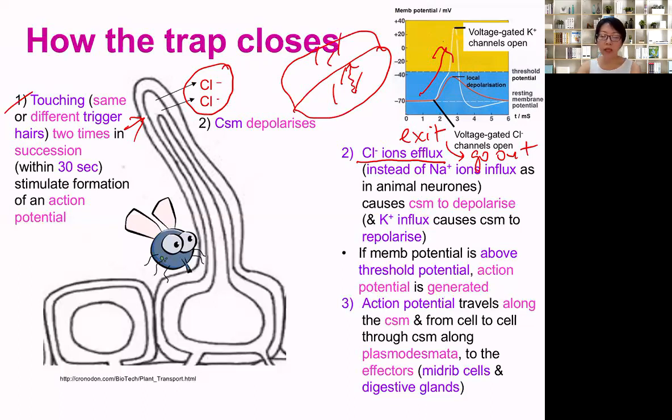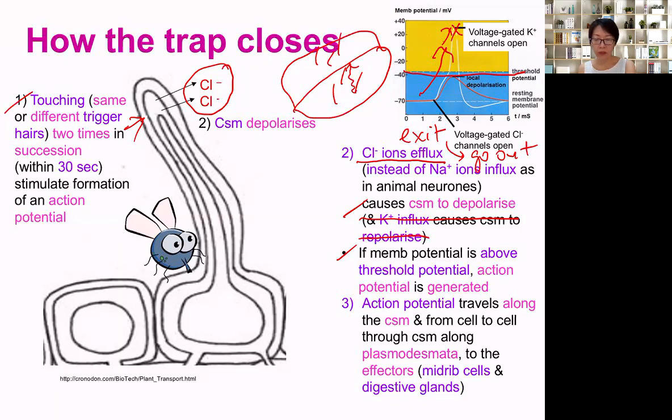Okay, so membrane depolarizes. So if the membrane potential is above the threshold potential, action potential will be generated. So very similar, right? Okay, action potential. So once the membrane potential goes above the threshold, then eventually action potential is generated.